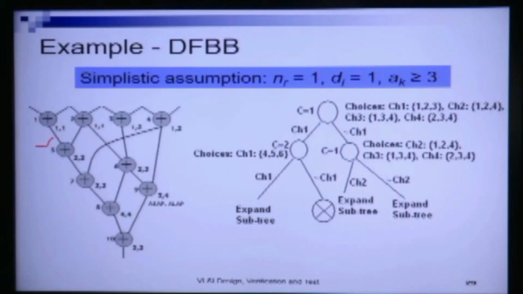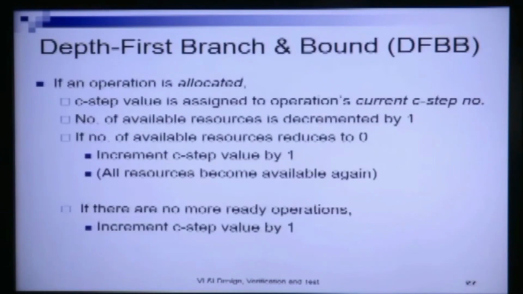So both things will be considered, and the solution will proceed with both considerations. In the previous approach, we said that when we actually allocate a choice, for us here, a choice is the allocation of an operation to a particular resource.